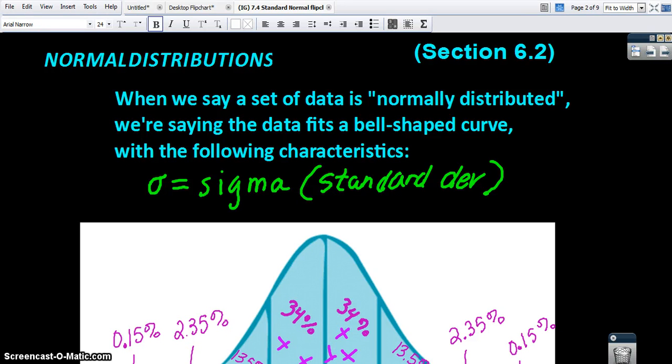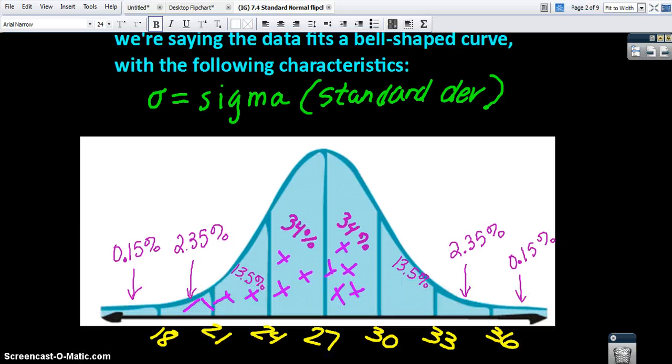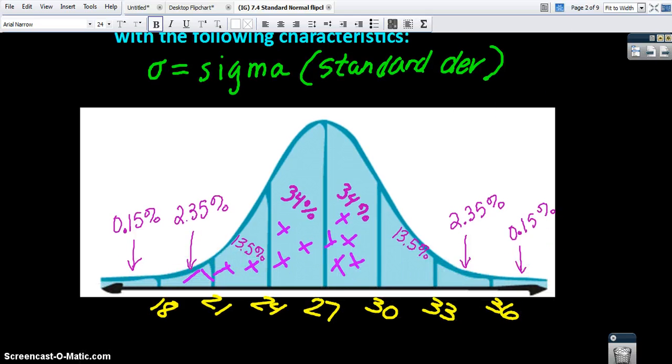Okay, so today in class we talked about the standard normal distribution and just the normal distribution, and how you can have situations where if you know the mean and you know the size of one standard deviation, which in this particular example would be 3, from here to here is 3, then you can figure out how your data should be distributed, what percent you would expect to be right here near the middle.